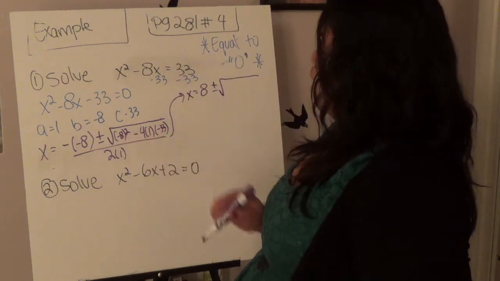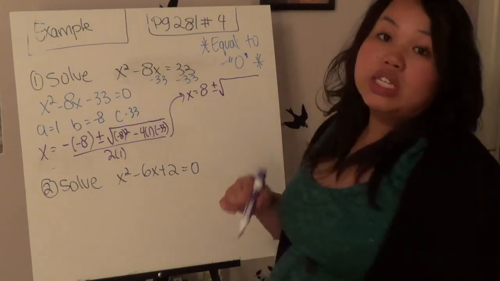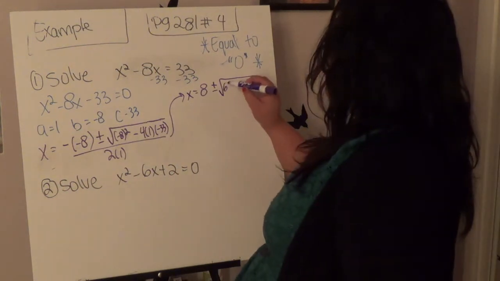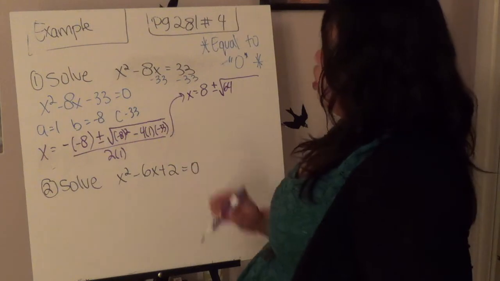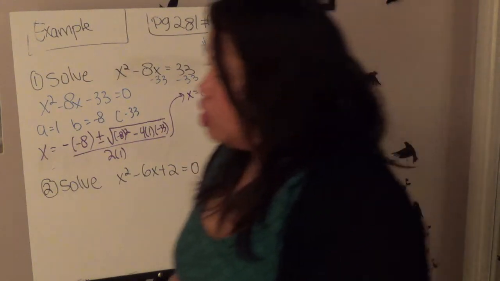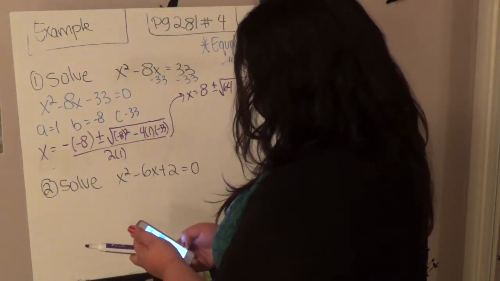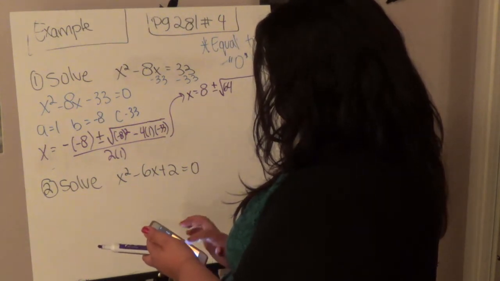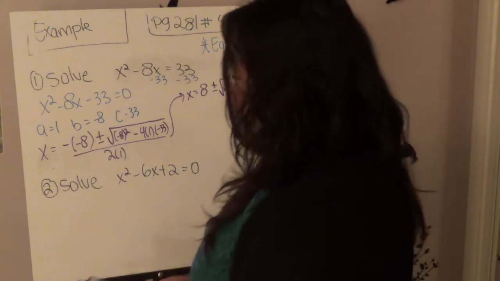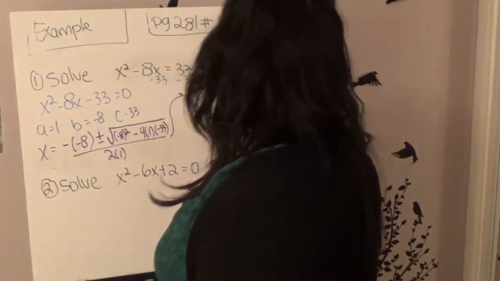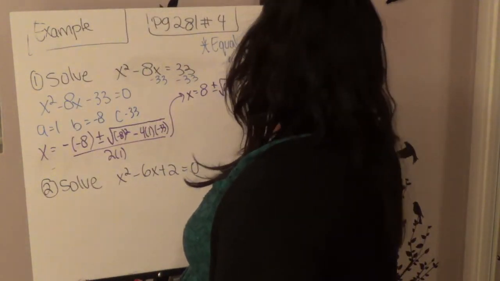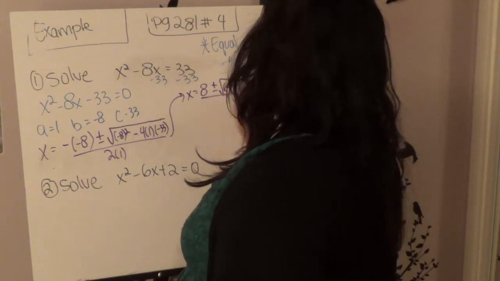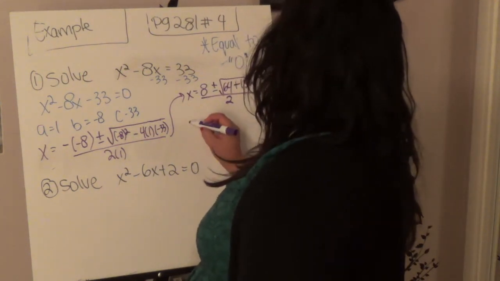This is 8 times 8. Negative 8 times negative 8 is positive 64. So 64. Negative 4 times 1 is negative 4, and negative 4 times negative 33 is positive 132, so plus 132 all over 2. Okay?